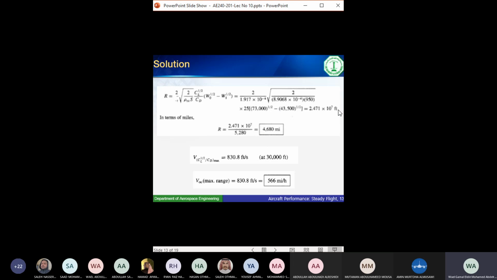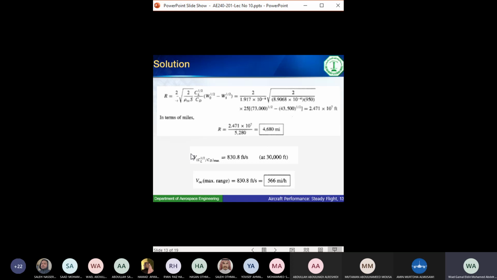Okay. So the range is 24.7 million feet. This aircraft can fly 24.7 million feet. That's 4,680 miles. But in order to get this range, you must fly at the speed at which CL to the power 1/2 over CD is maximum. And again, we have an expression for that.